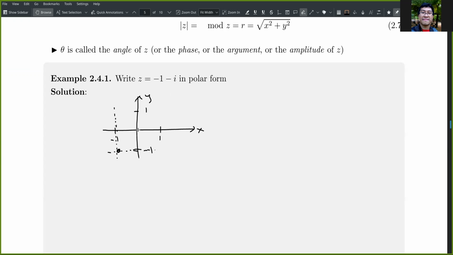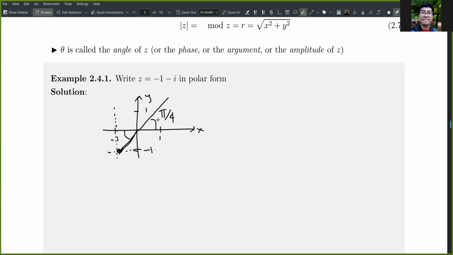So it will be this point here. To go from the x-axis to here, we go 180 degrees plus 45 degrees. This 45 degrees is pi over 4.